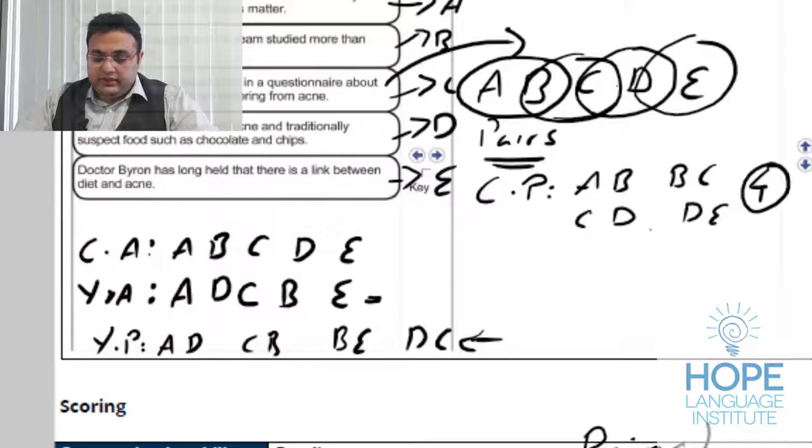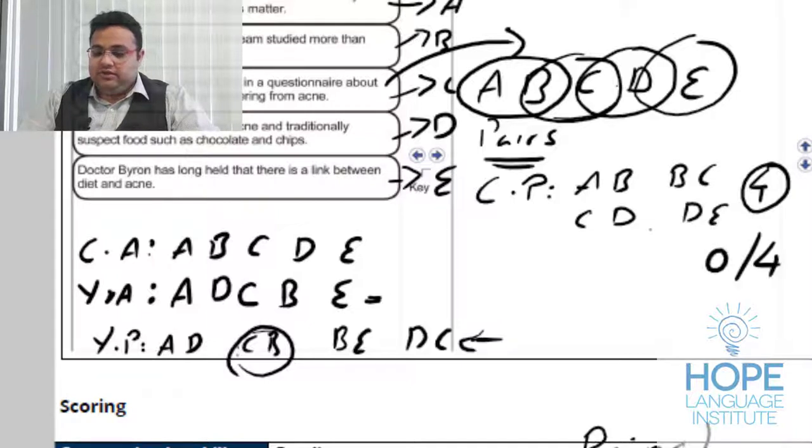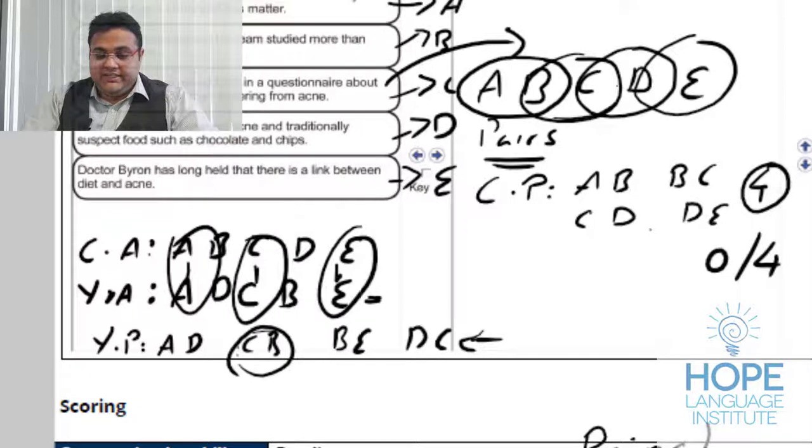Now if I look at this and if I look at this, are any of the pairs in common? Is AB here? No. Is BC here? CB and BC, they are different. CB and AB, they are different, so I won't count this. Okay, CD, no. DC, no. So basically you get 0 out of 4, even though you have 1, 2, 3 placements correct.